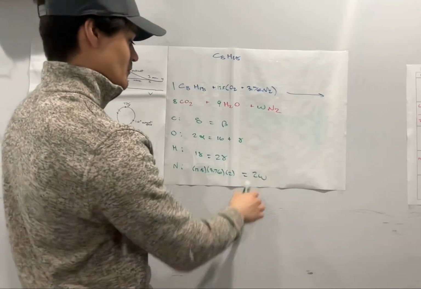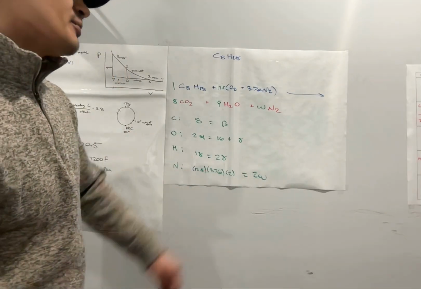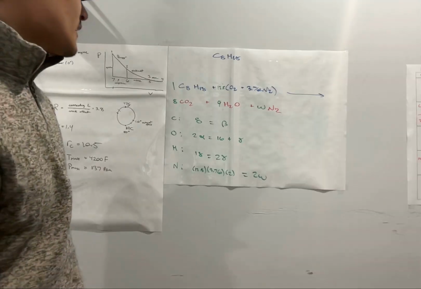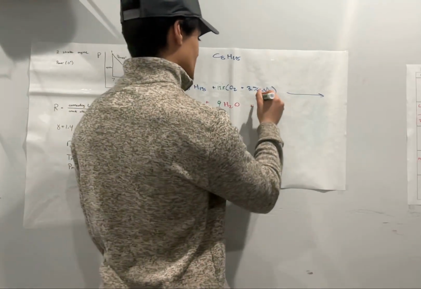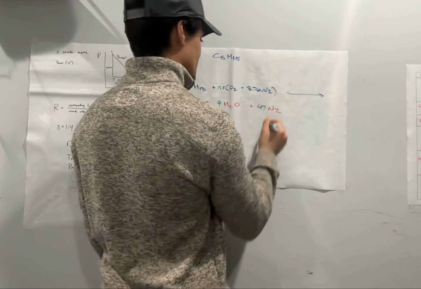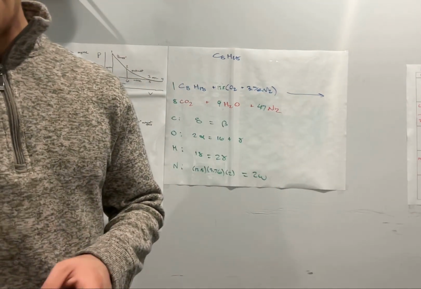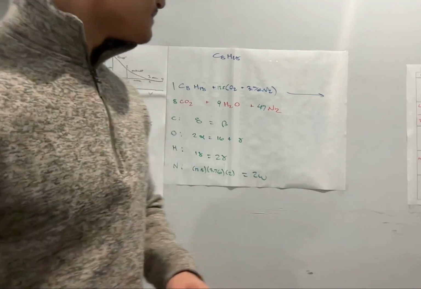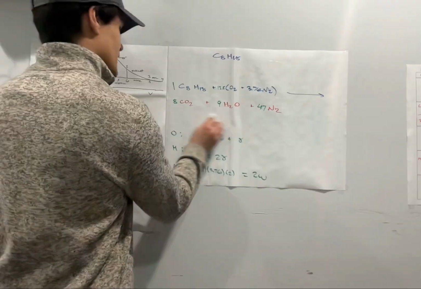Solve for omega and you get 12.5 times 3.76, which I think is 47, so I'll write 47. I think it's 47, right? Yeah. So this is the stoichiometric formula for that.